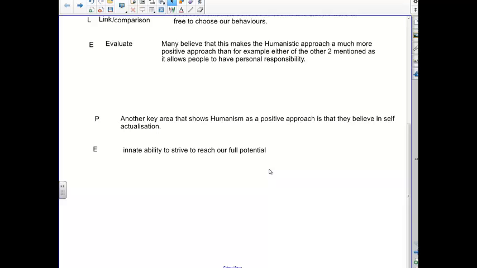So maybe adding in the evaluation, the comparison, something like that. Now you think, who have we got? We need to discuss at least one approach. Who do we know that is seen as more negative? We already know Freud is a bit negative.